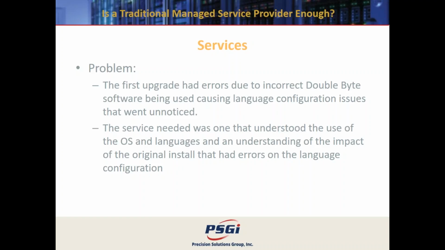What the MSP didn't understand was the impact the original installation had on the language configuration. They just went ahead and reinstalled the upgrade. It turned out the second attempt had no issues at all, and the system was made available to the users. Everything's done. Well, an integrated MSP may not have used the incorrect double byte software during the upgrade service.